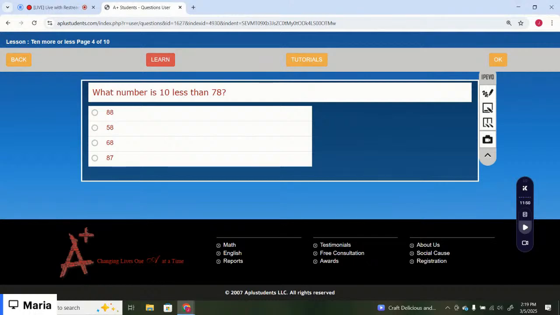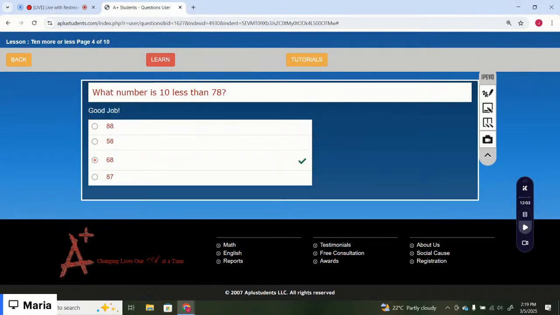What is 10 less than 78? 78 minus 10 is 68. Option number 3 is the correct option.